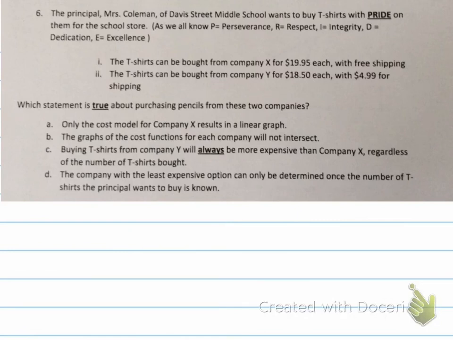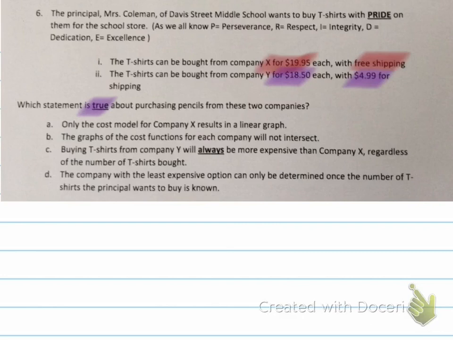Miss Coleman of Davis Street Middle School wants to buy t-shirts with pride on them for the school store. The t-shirts can be bought at Company X for $19.95 each with free shipping, or from Company Y for $18.50 and $4.99 for shipping. Which statement is true about purchasing?